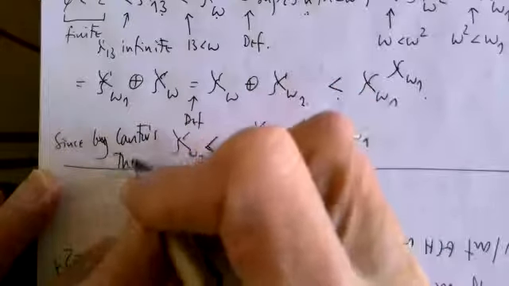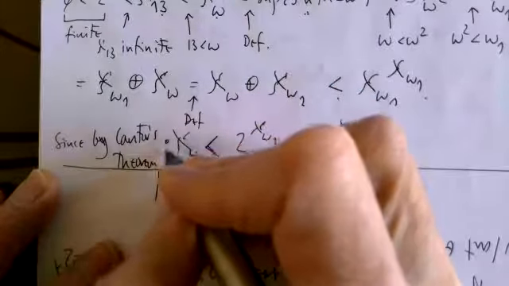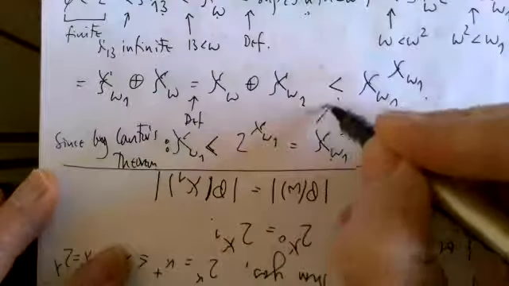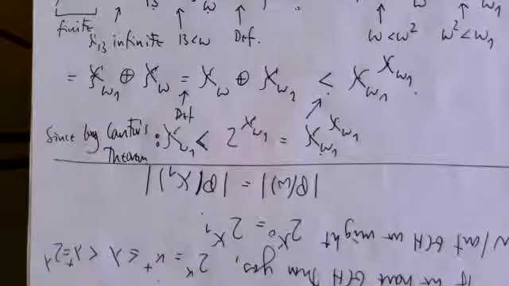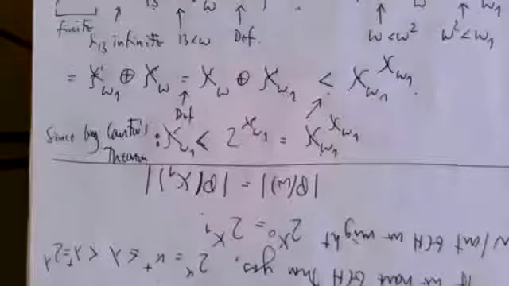Since by Cantor's theorem here, that's why we've got this less than there. Okay, any questions about that lot?